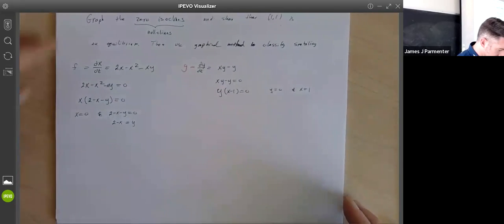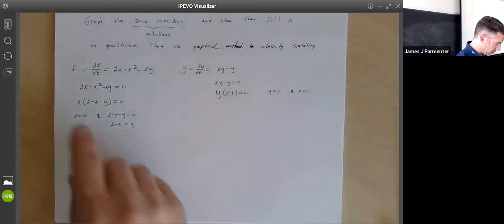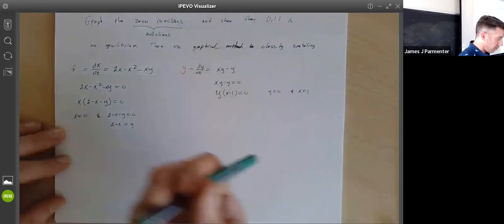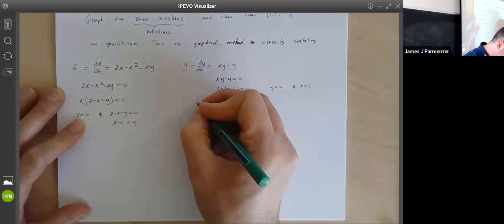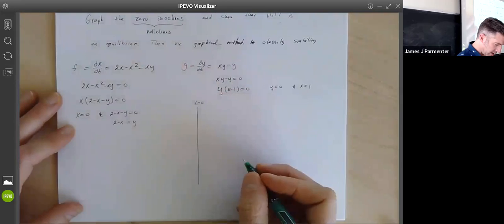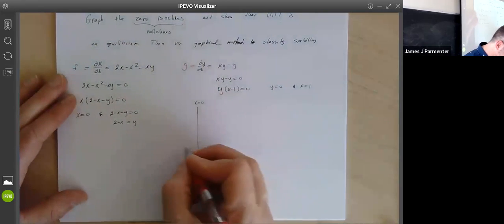Cool. So now I'm going to do the x ones in green. So x equal to 0 is the vertical axis. Here's my x equal to 0. And y equal to 0 is the horizontal axis.